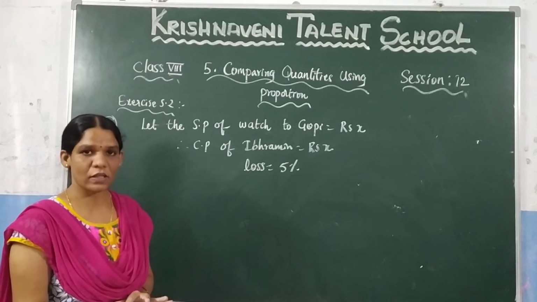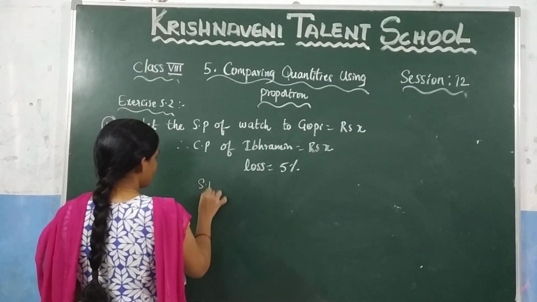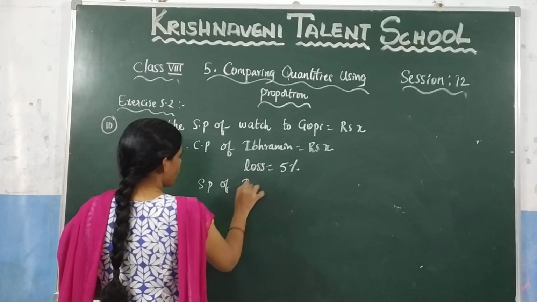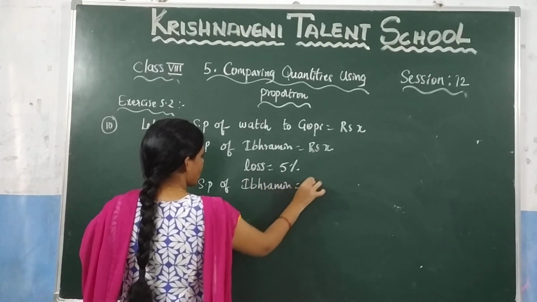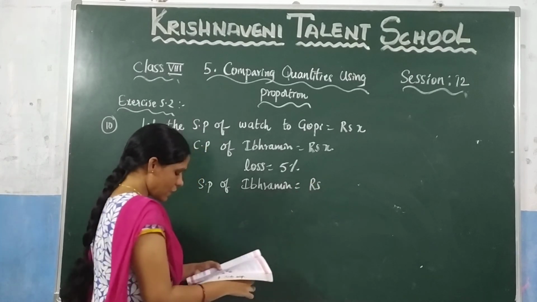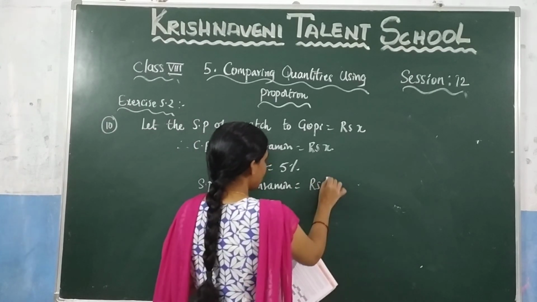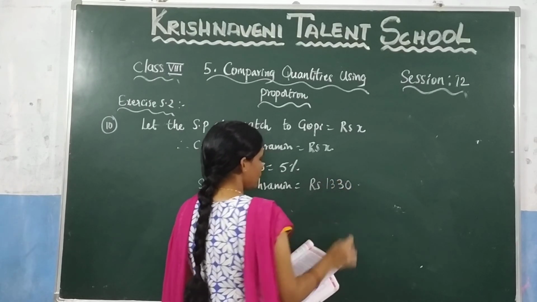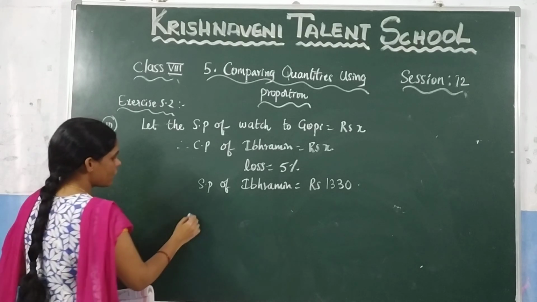So that will become the selling price of Ibrahim. So write it here: what we know is the selling price of Ibrahim is nothing but what they have given, which is 1330. Now again, from this you need to calculate the cost price.